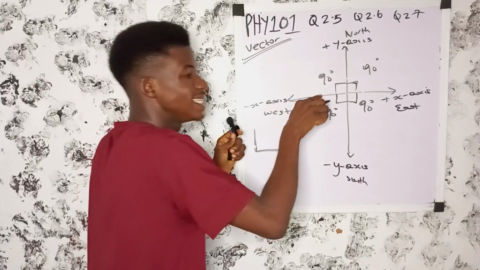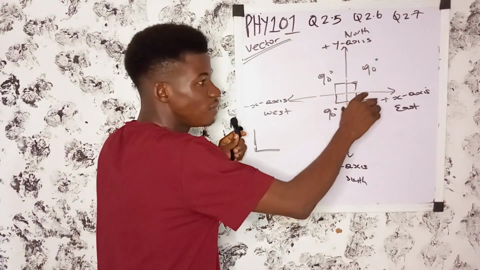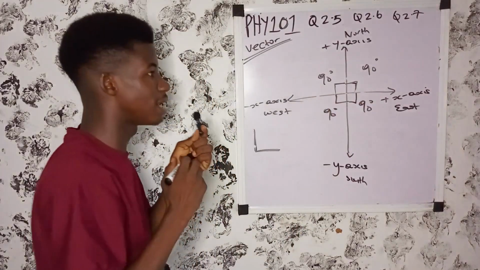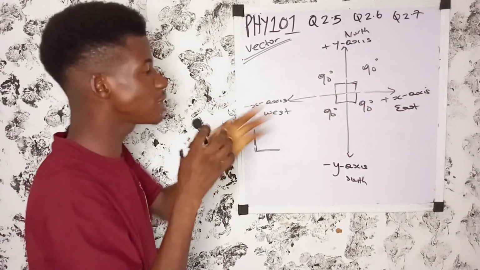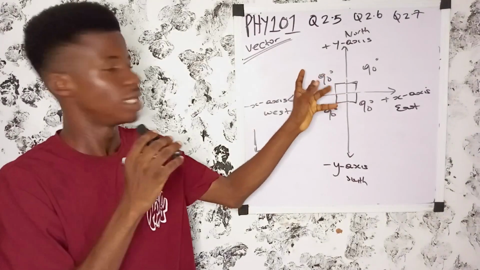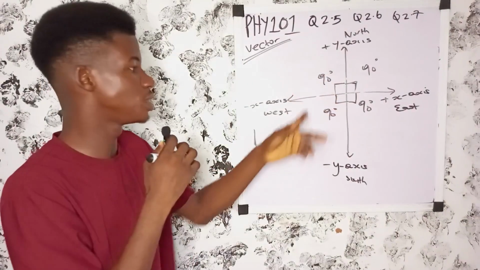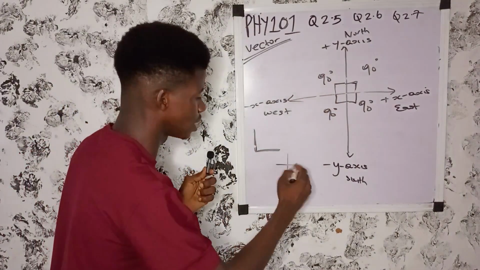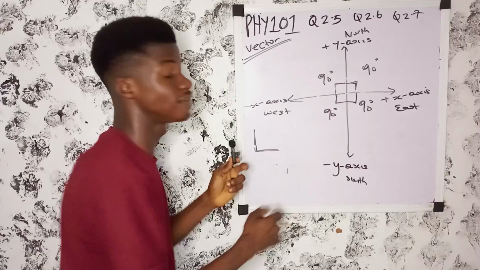What about from this line to here, with reference to this positive x? I'm not talking about this 90 degrees. This 90 degrees is with reference to the negative x. If you want to write an angle, it is always with reference to x.